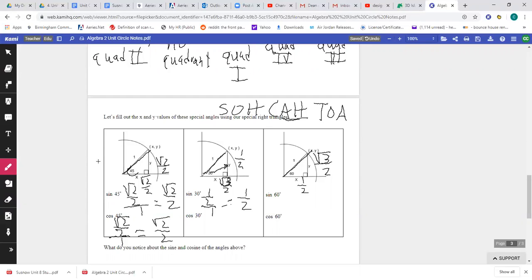Cosine, once again, is adjacent over the hypotenuse. So the adjacent is root 3 over 2, and I divide by 1, that's still root 3 over 2. And then same thing happens here, and I think you kind of get the picture why we're doing this, is because our hypotenuse is always going to be, for a unit circle, 1.